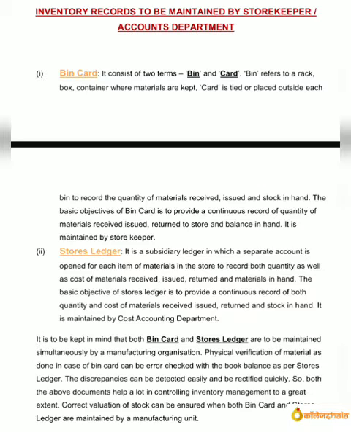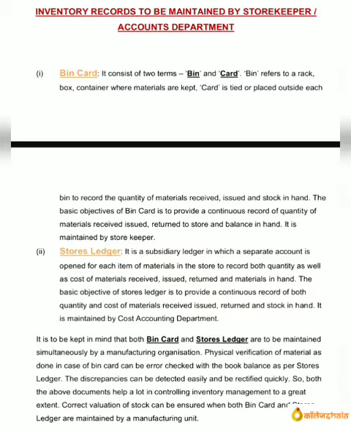The basic objective of the store's ledger is to provide a continuous record of both quantity as well as cost of material received, issued, and returned, and finally stock in hand. It is maintained by the cost accounting department, whereas the bin card is maintained by the storekeeper.